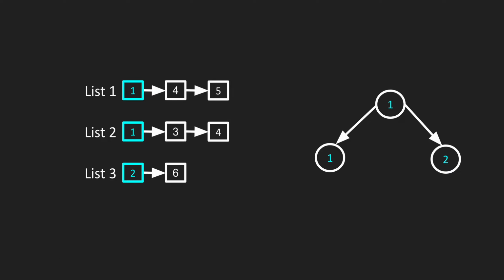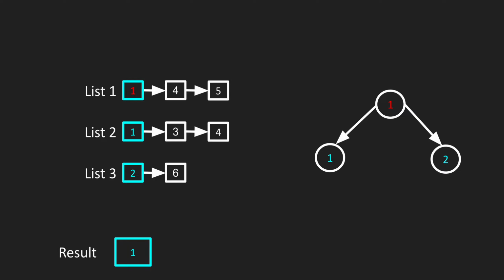Besides that, we are creating a result where we are going to add our sorted, merged nodes. First, let's pick the element from the root of our minimum heap, and we are taking 1, since it's an element of list 1.